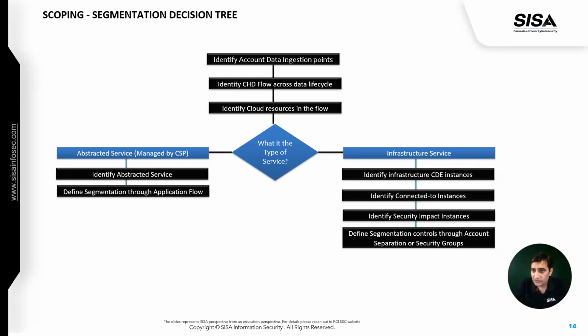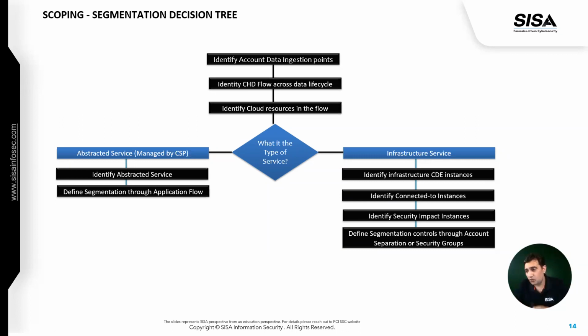The first step is to identify the account data ingestion points from where you are ingesting this particular data. Is it through an on-prem POS machine, or is it from a cloud service, some kind of application, or maybe an e-commerce portal? List down all those things and then identify the cardholder data flow.